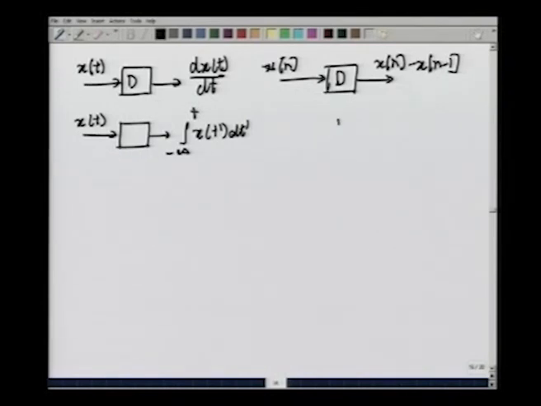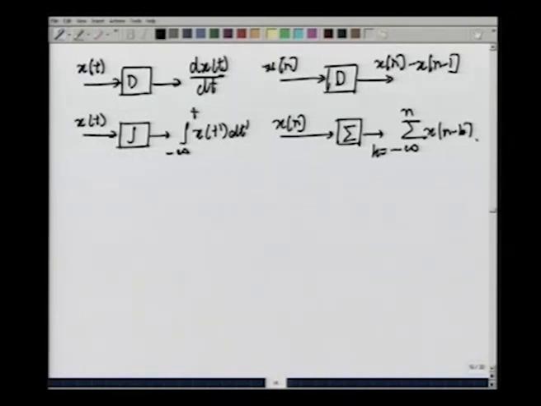Here you would have this, we would denote by this symbol, and this we would denote by this symbol over here. It would be the running summer: x[n] would yield the summation over k from minus infinity to n of x[n-k].